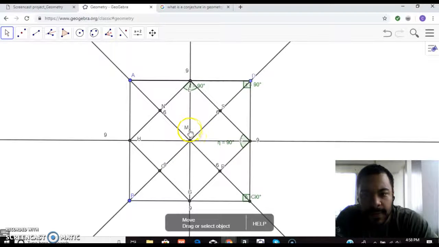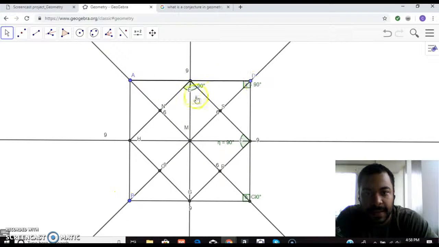So, proving that both quadrilateral ABCD and EFGH share the same centroid. The reason being, we know that quadrilateral EFGH was created through the midpoints of quadrilateral ABCD. So that automatically shows how they have similarity, and they have right angles at every angle.